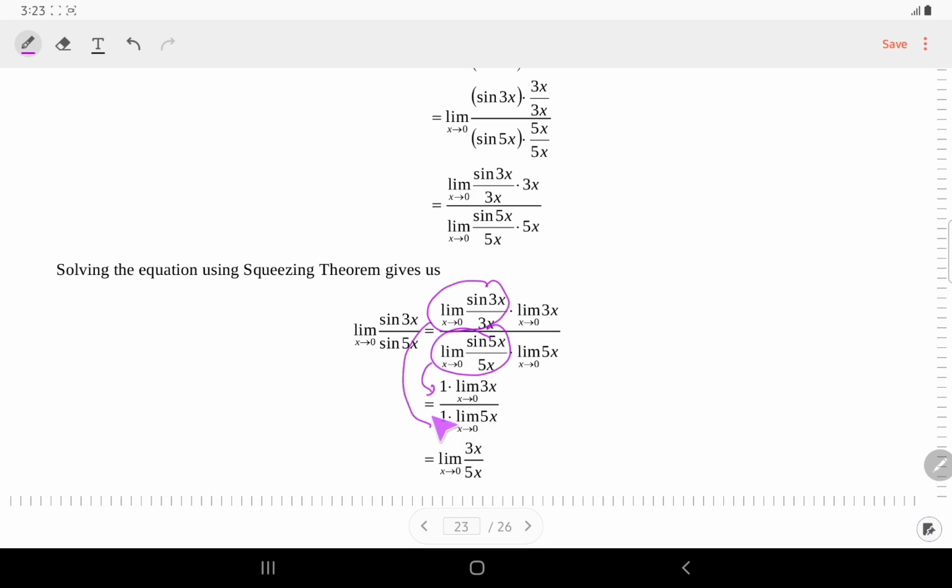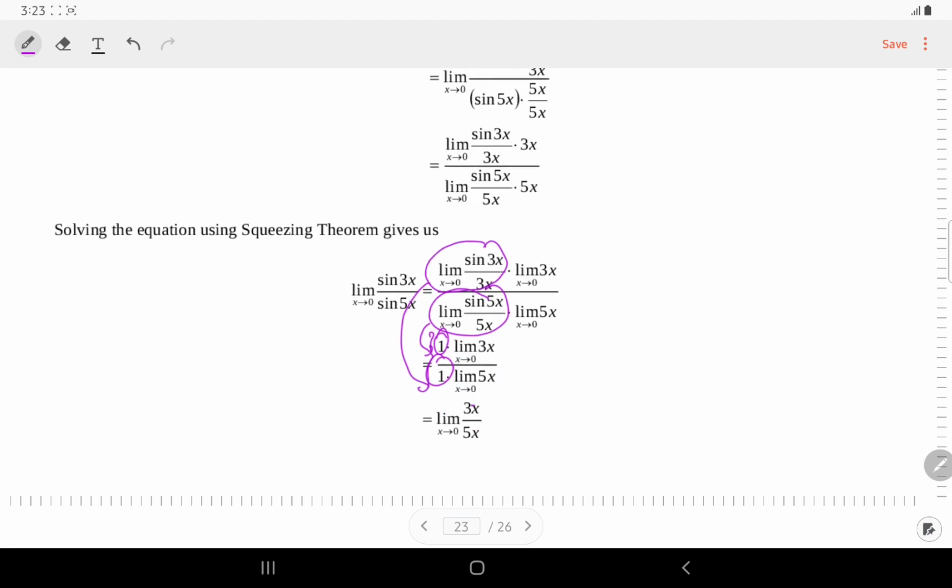And then for the remaining part, the limit as x approaches 0 of the function 3x will become like this, and 5x like this, because the other terms have become equal to 1.